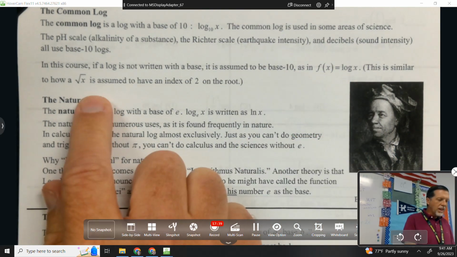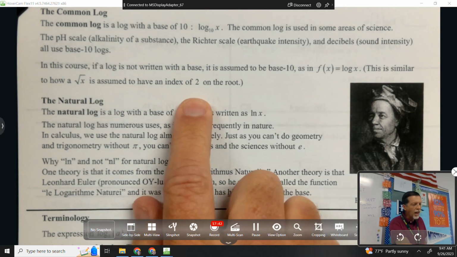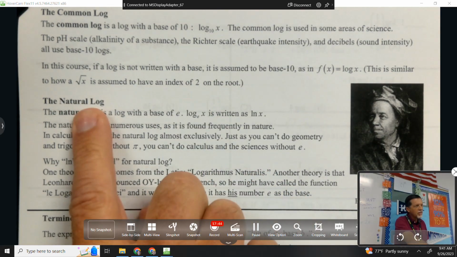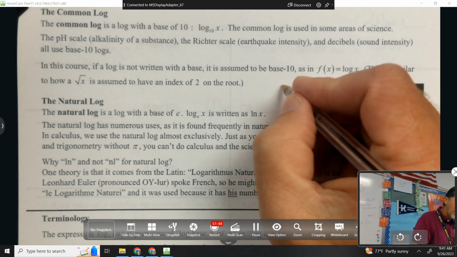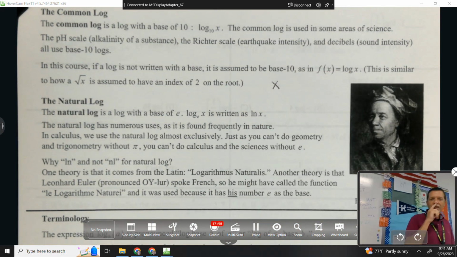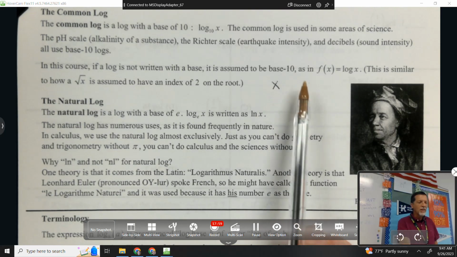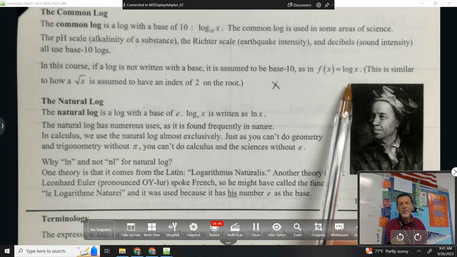It's sort of like square root is assumed to have a 2 as the root. If I just had x, what's the power on that? 1. What's the coefficient on that? 1. So there's other places where we don't write a number and you know that there's a number there.